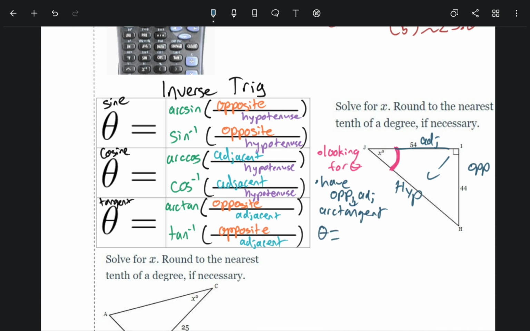So the angle will equal the arctangent or tangent inverse of opposite over adjacent. So that is equal to the tangent inverse of 44/54. And then we could plug that right into a calculator. That will give us about 39.2 degrees. That is all you've got to do.